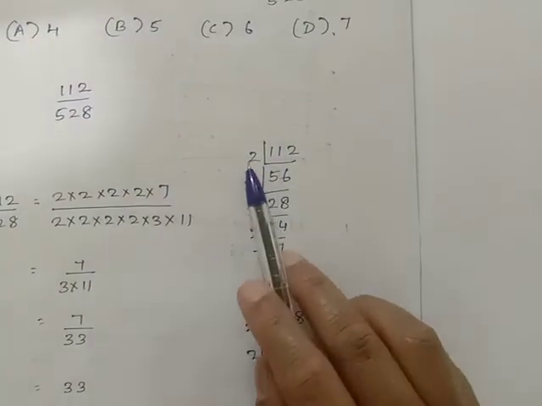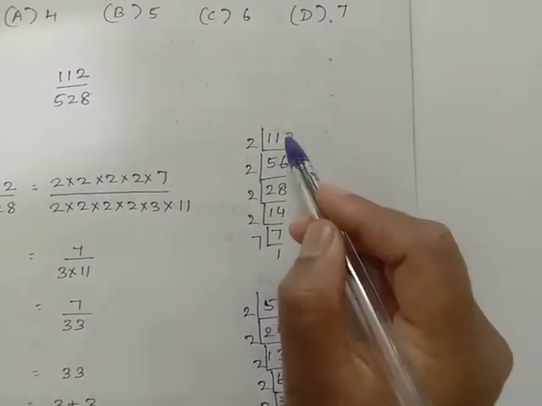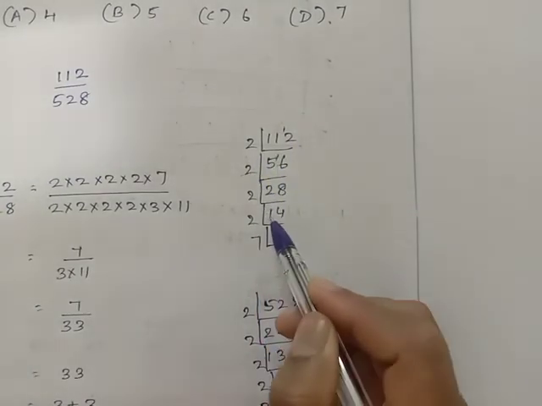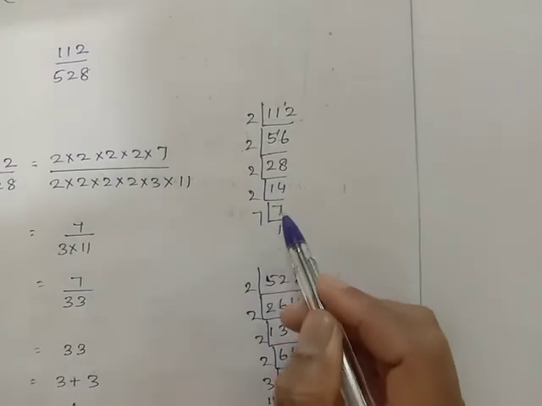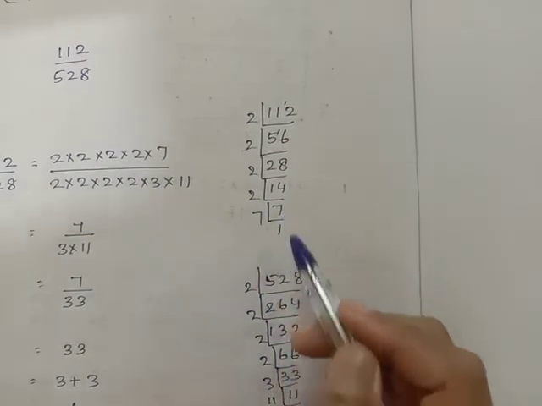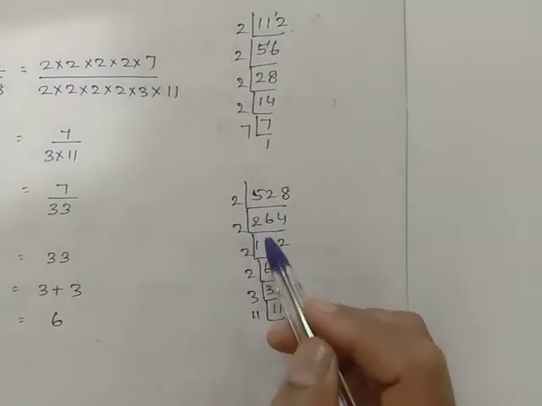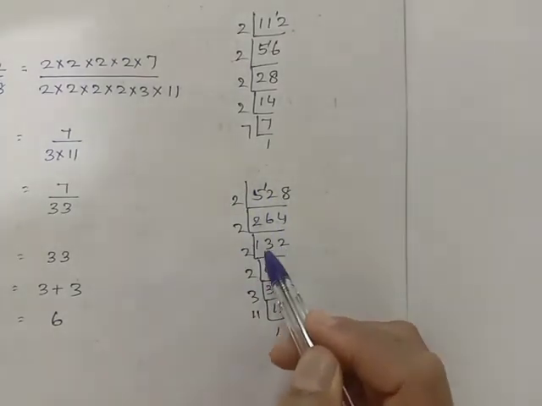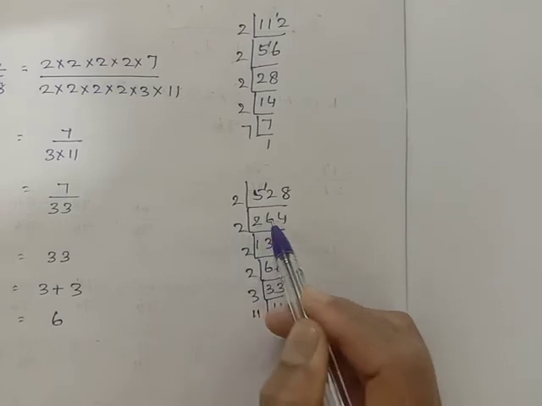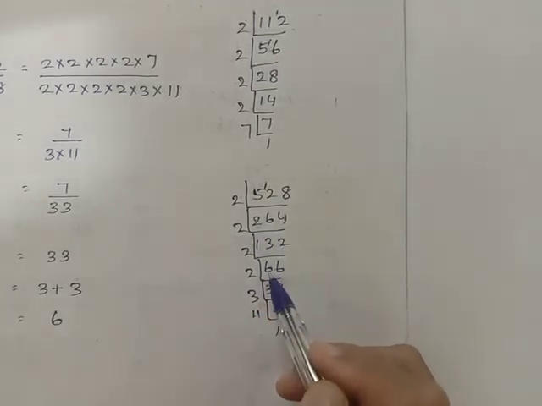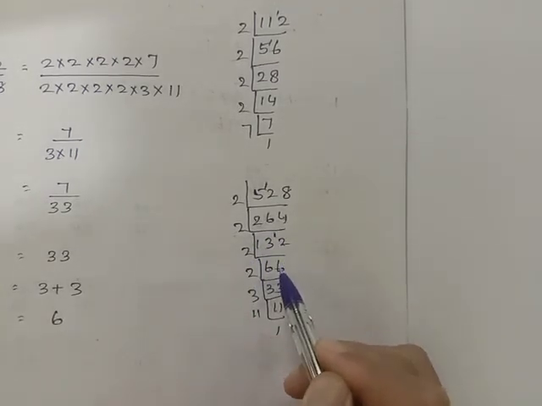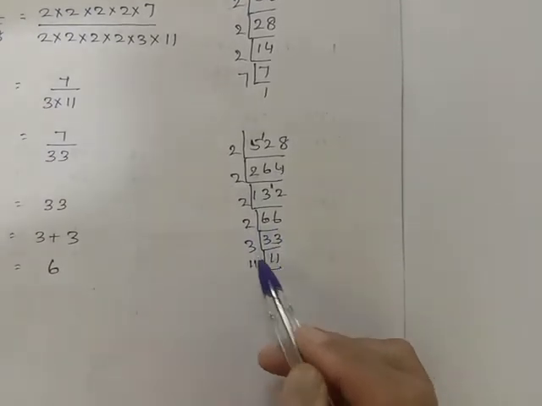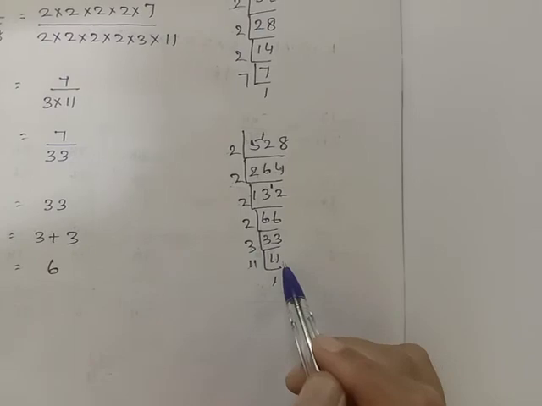112 can be divided by 2: 5 2s are 10, balance 1, 6 2s are 12, 2 2s are 4, balance 1, 8 2s are 16, 1 2s are 2, 4 2s are 8, 7 2s are 14, 1, 7 1s are 7. 528 divided by 2 gives 264, then 132, then 66, then 33, then 11 3s are 33, 11 1s are 11.